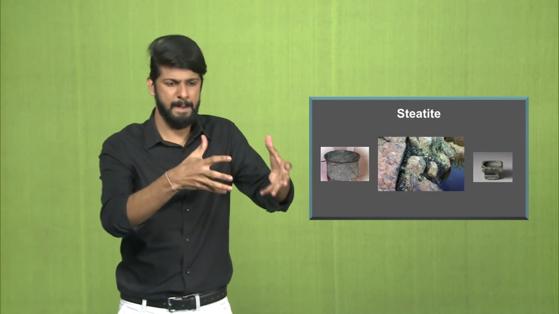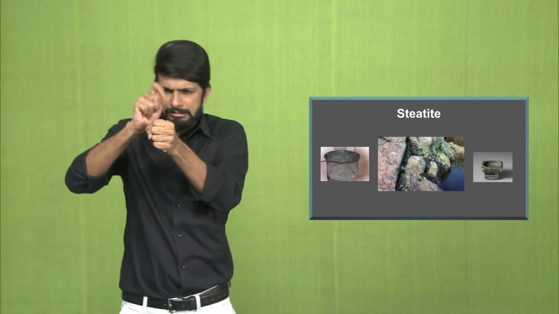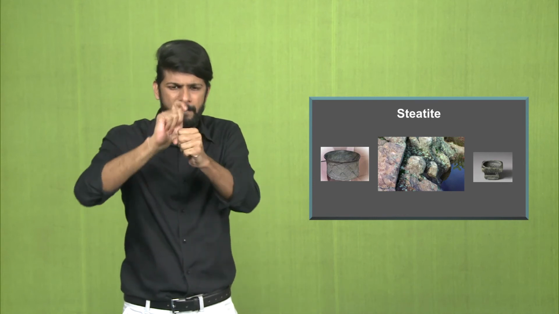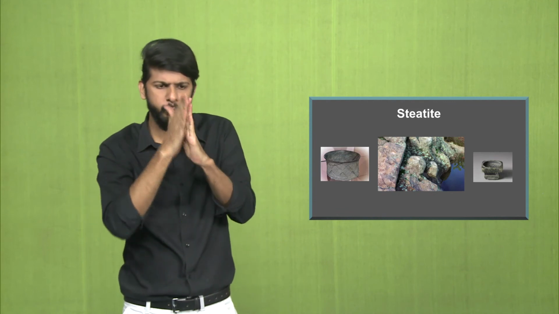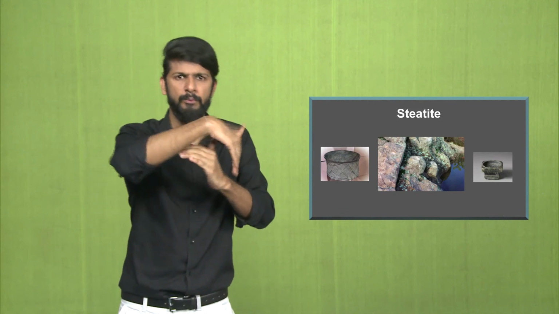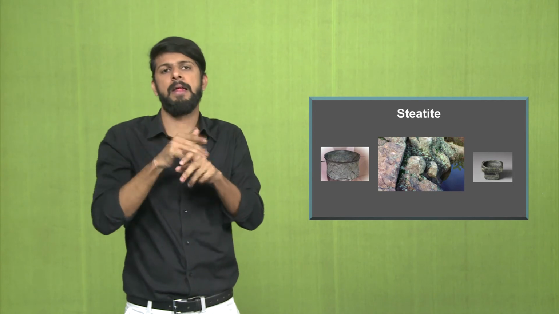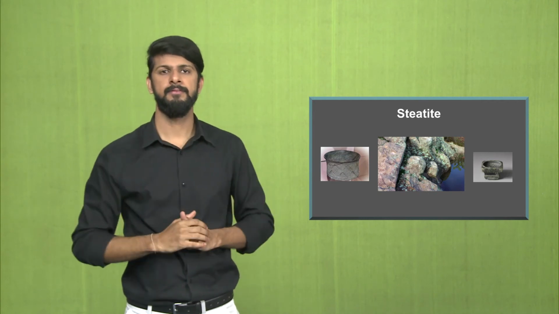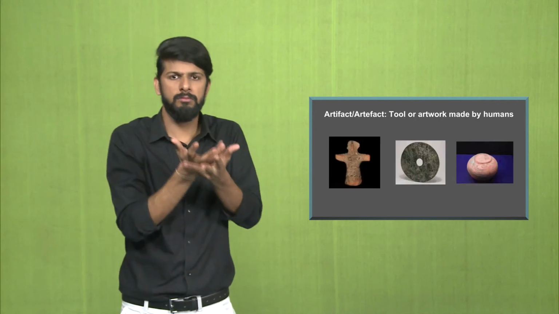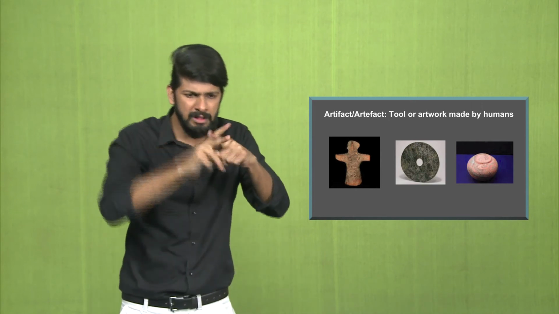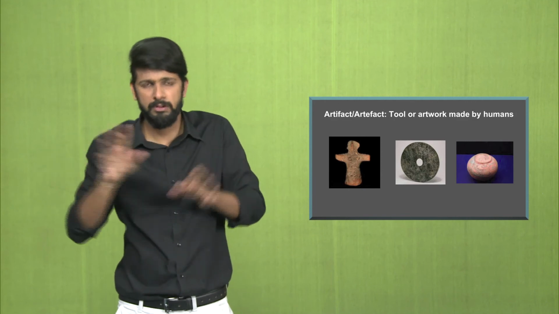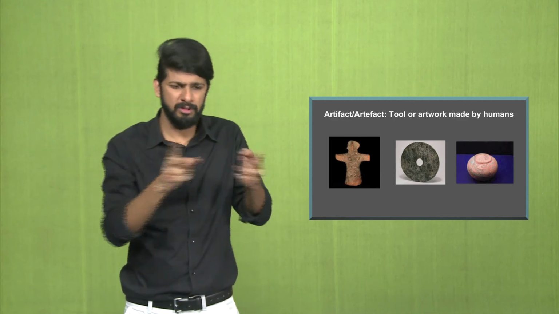Steatite, this is a kind of stone which is easy to manipulate in terms of cutting across, chiseling it, shaping it into various kinds of things. Artifact is a tool or artwork which is made by humans.